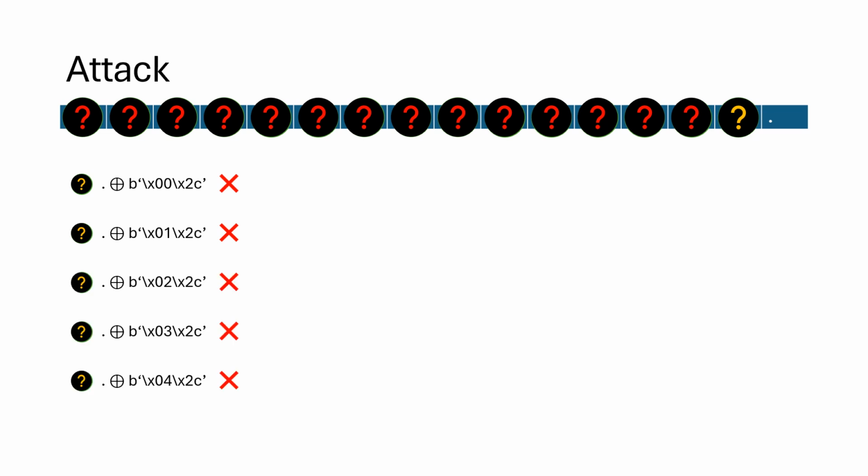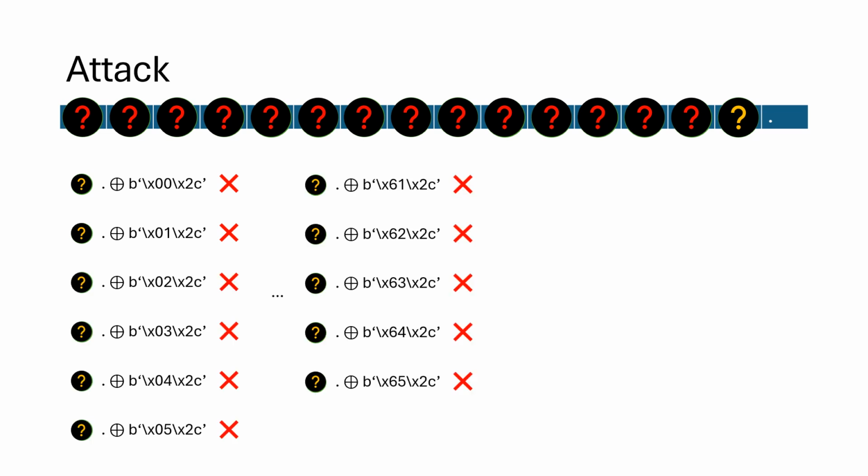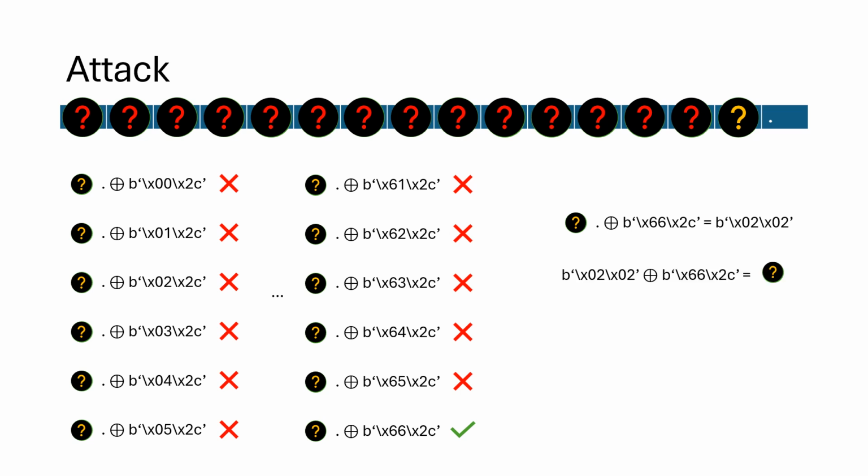If we keep repeating this, we can eventually see that when we XOR it with hex 66 and then hex 2C, it will unpad correctly. So that means that our question mark period XOR with hex 66, hex 2C will become hex 02, hex 02. So therefore, we now know that the last 2 bytes are D period.